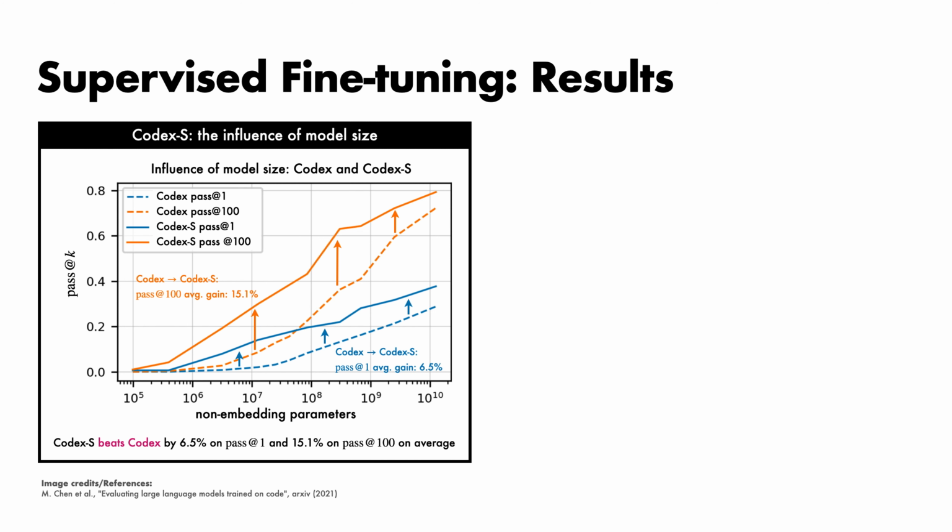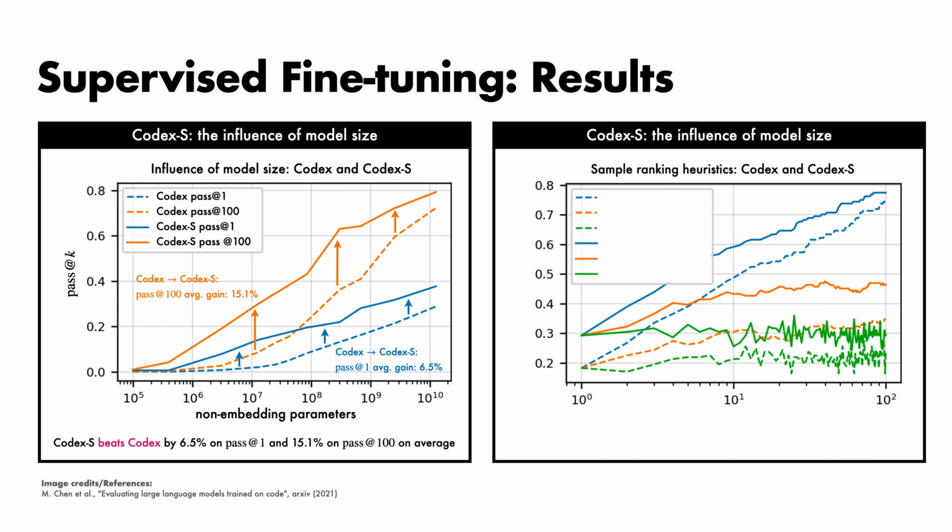We also revisit the effectiveness of various sample ranking heuristics with Codex-S. Here, we have number of samples, k, on the x-axis, and pass rate on the y-axis. The dashed lines depict the results we saw previously for Codex, with the blue dashed line for the oracle, the orange dashed line for ranking with mean token log probability, and the green dashed line for random sample selection.